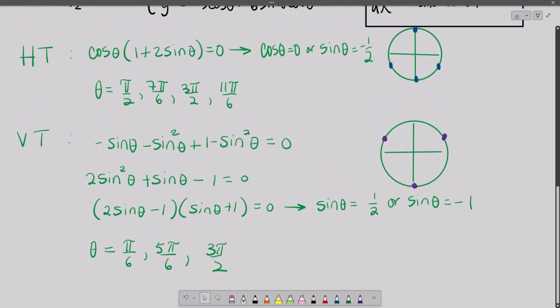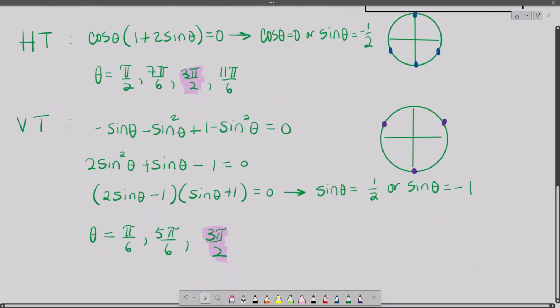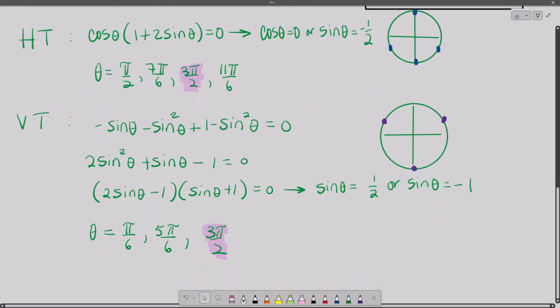Okay, so now we see this conflict. We know from looking at the graph that there's going to be 3 of each. This only has 3 zeros. That is going to correspond to our 3 green vertical tangents, no matter what, because there's got to be 3 verticals and there's got to be 3 horizontals.